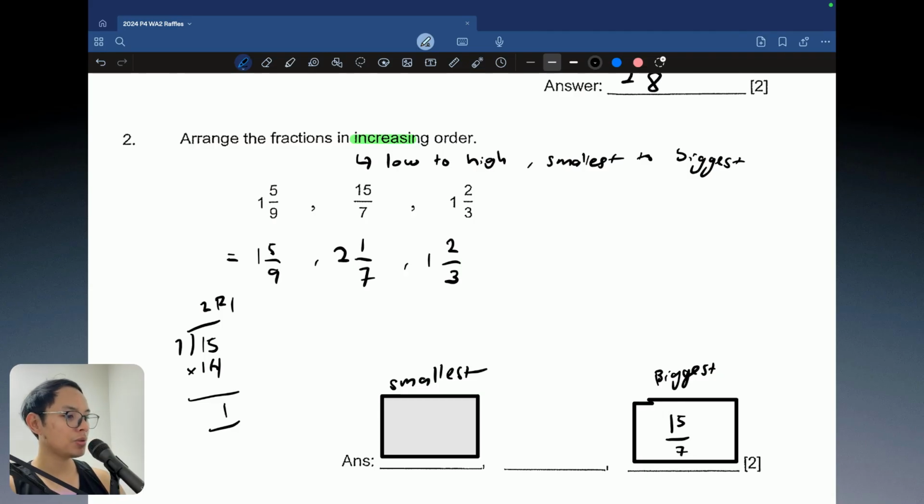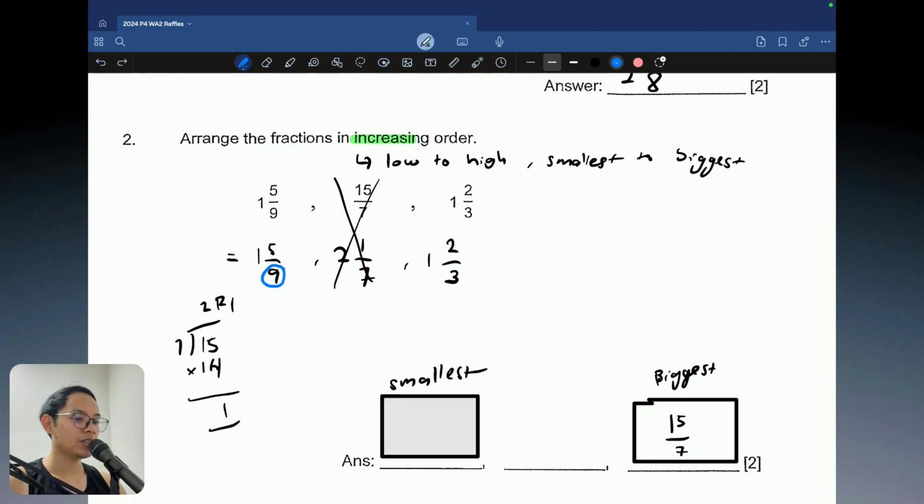Okay, so we can in a way ignore this, right? So now out of these 2 numbers, 1 5 over 9 and 1 2 over 3, which one is the bigger one? So you could see that there is the denominator 9 and the denominator 3. So what is the common multiple, or lowest common multiple?